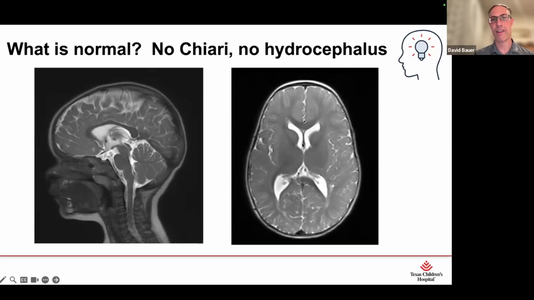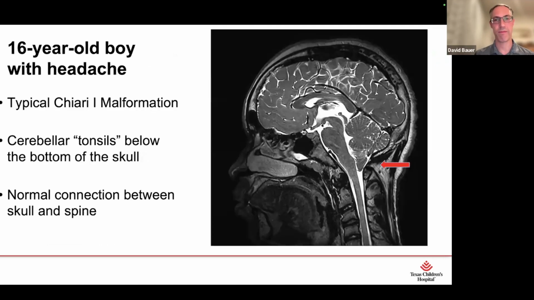And on the right, these are the ventricles, these white areas, and you can see that they look normal sized. They're not enlarged. To me, that's very important, knowing what a typical brain looks like when you are looking for what Chiari looks like, and why it might cause problems.